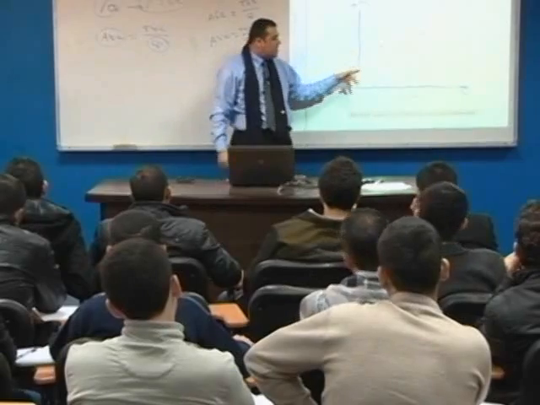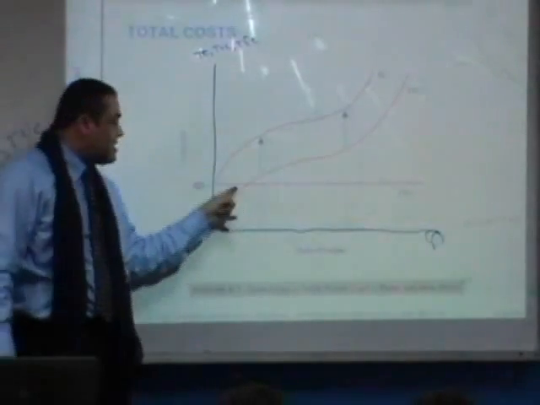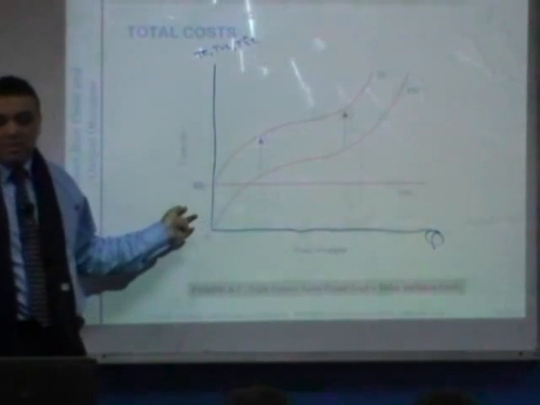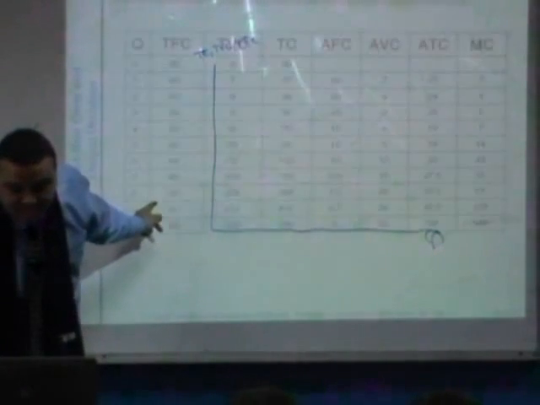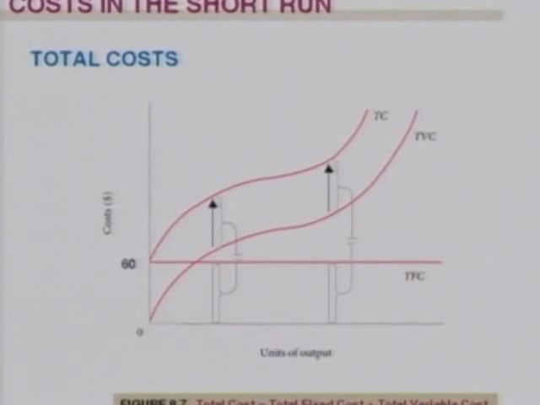As you see, the total fixed cost remains constant at 60 in the previous exercise, when the quantity changes. So the total fixed cost is a horizontal line at 60.